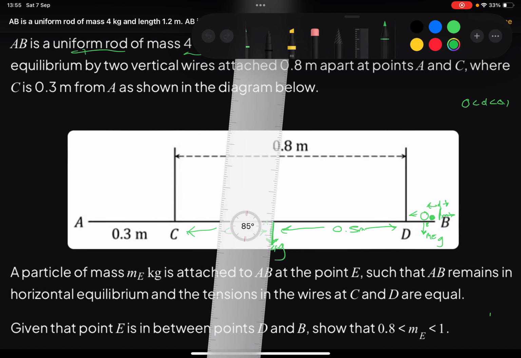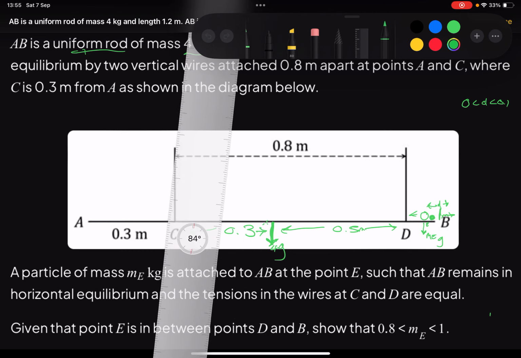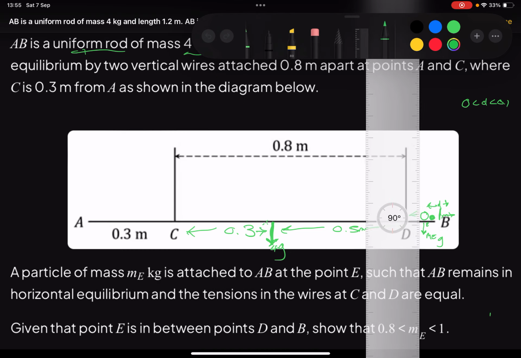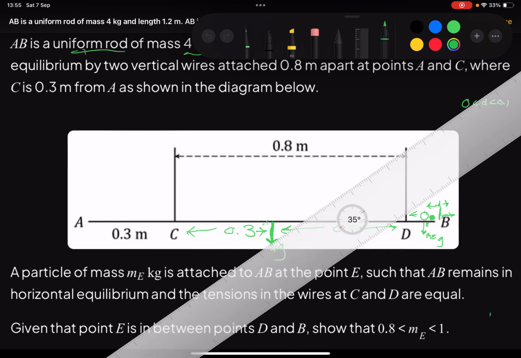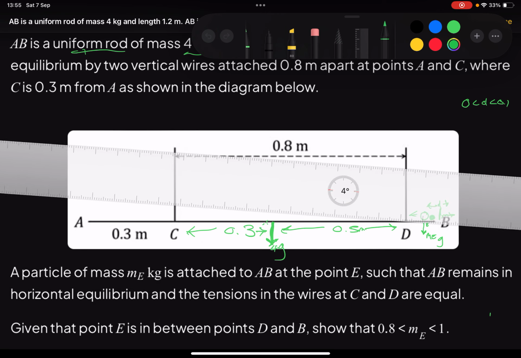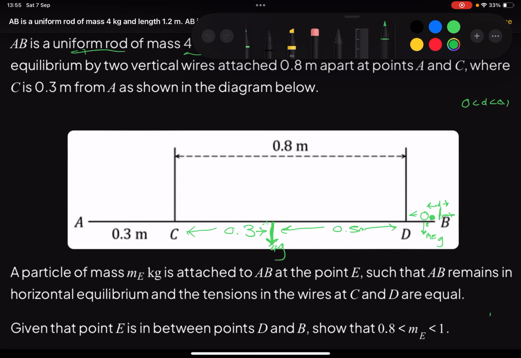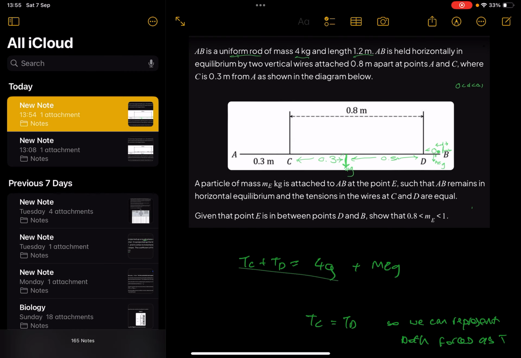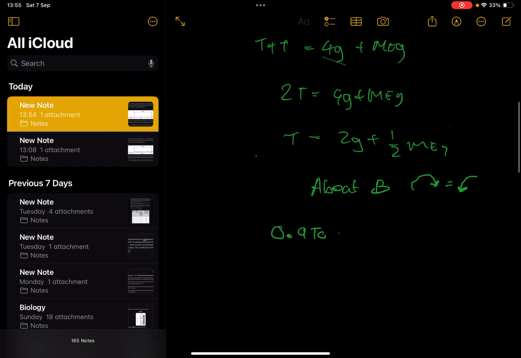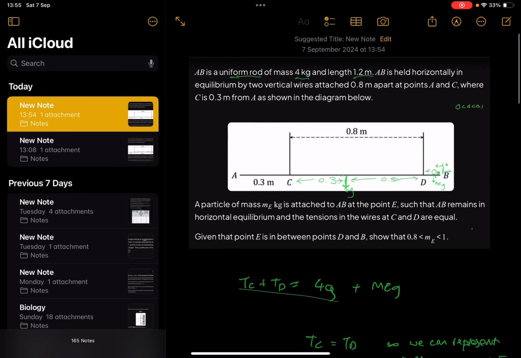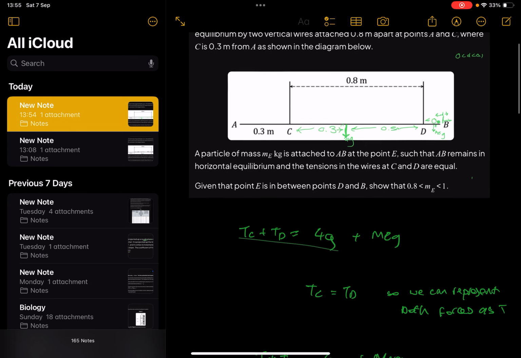And from D to B, it's clockwise again, and that distance from D to B is 0.1.